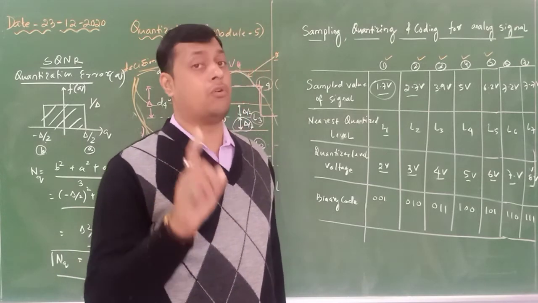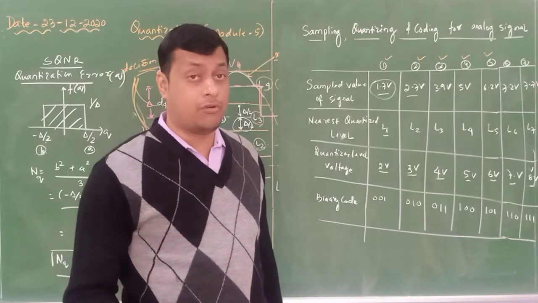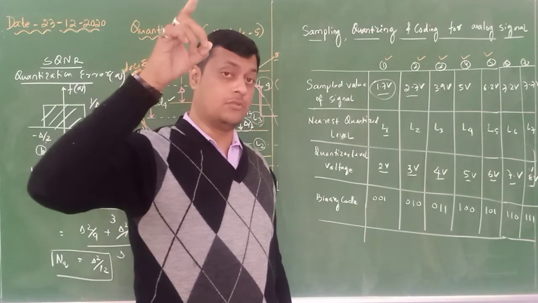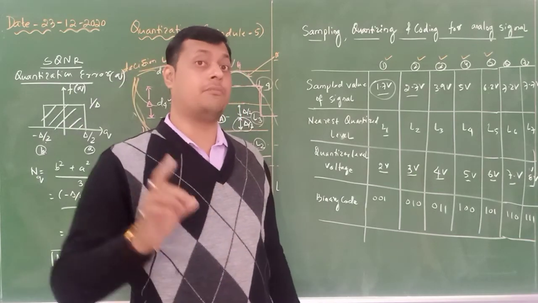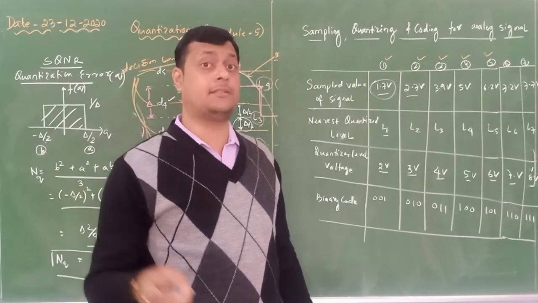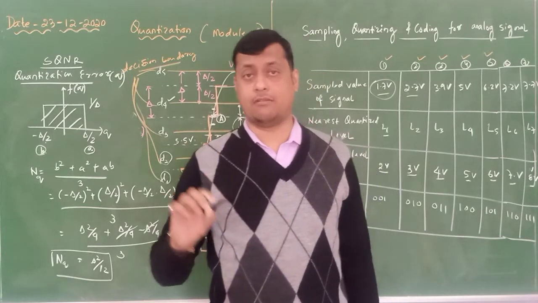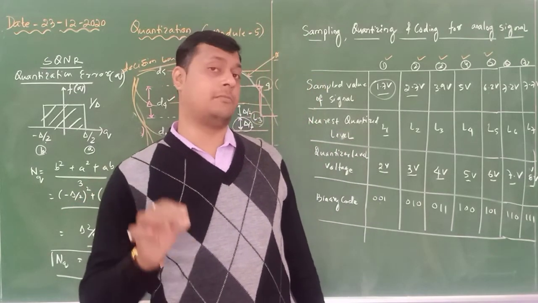If it is 4, well and good, 4 levels are assigned, but if it is greater than 4, 2 to the power 2 is 4 levels, but for 2 to the power 3, 8 levels are there. So for 8 levels, you can transmit 5 data, 6 data, 7 data, or 8 data.